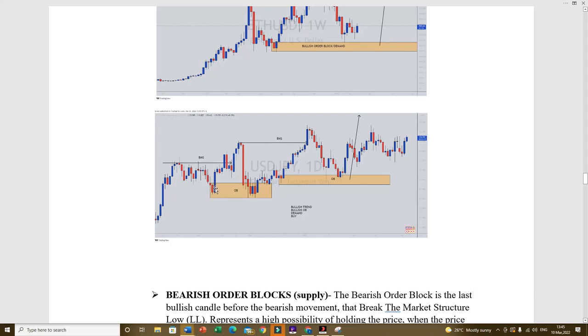So that's our bullish order block. What we expect after seeing this candle and after seeing our BMS is that price will come to this last candlestick. So this order block creates our demand zone. Price has to come into the demand zone, and it doesn't have to go below this order block. It has to respect that and continue to move upwards.